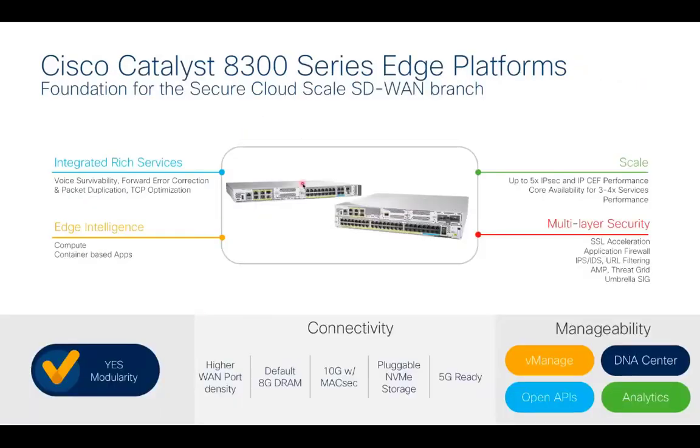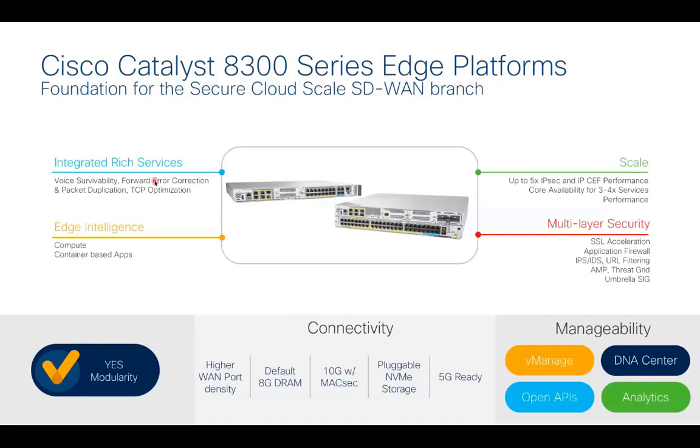So if I want to explain the key capabilities of this platform in a much simpler way, these are the 4 dimensions that explain it. The scale and performance I already talked about. The multi-layer security, as in ISR 4400, we do support all sorts of multi-layer security with the traditional and SD-WAN use cases, but now with more services cores and better performance.